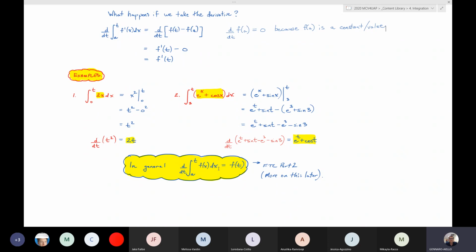Okay, but that's coming later on. For now, that expression there gives us a way of determining the derivative of an integral when we have a lower limit that's a number and the upper limit that is just a variable like t. All we do is take the integrand, the f of x, and sub in the t.